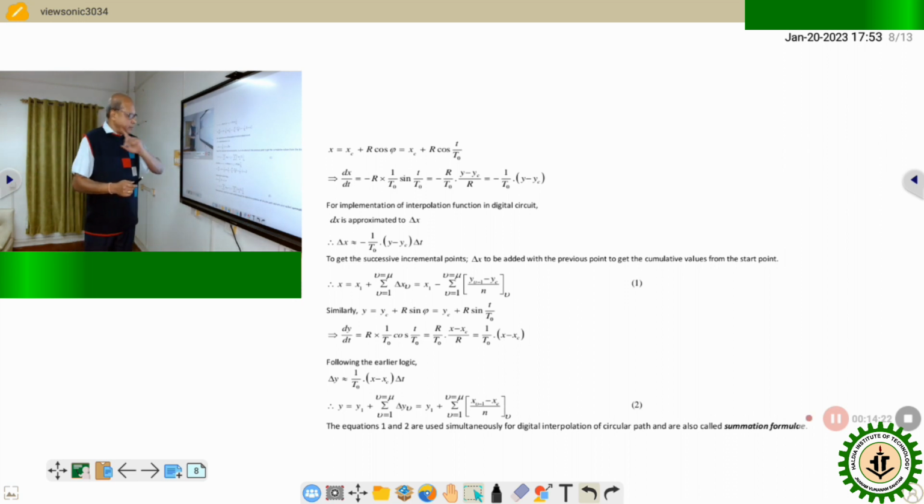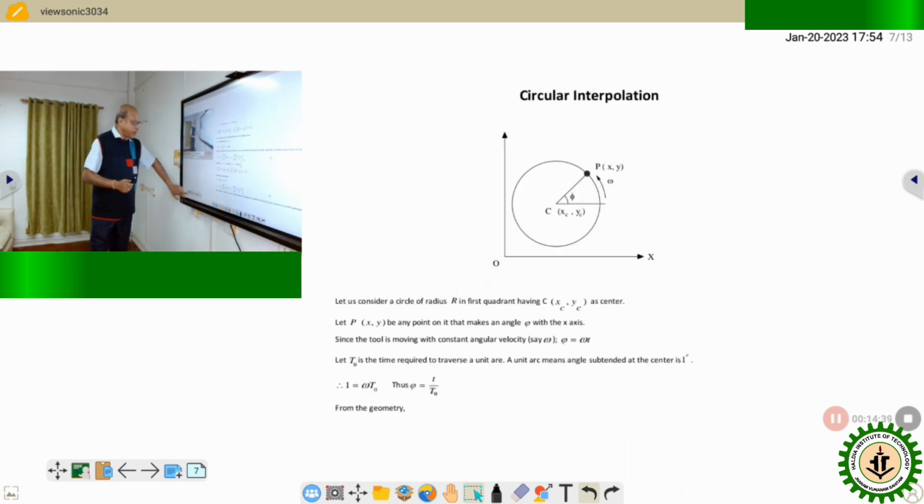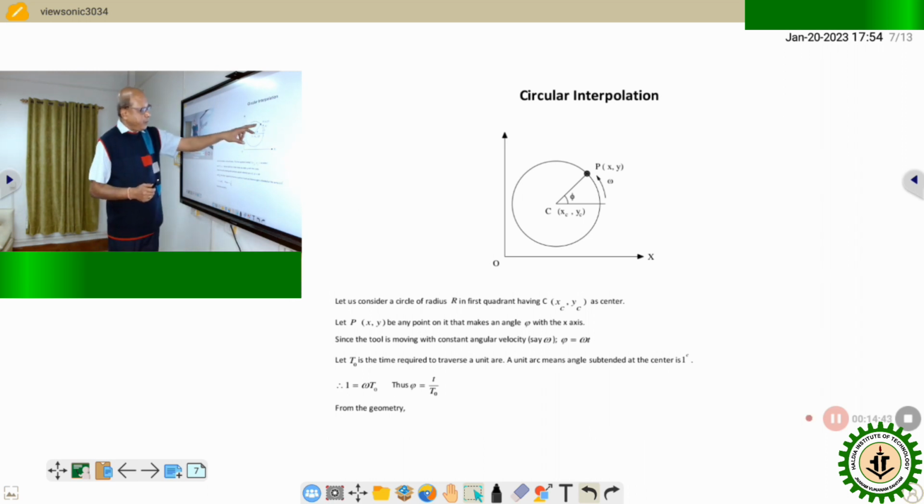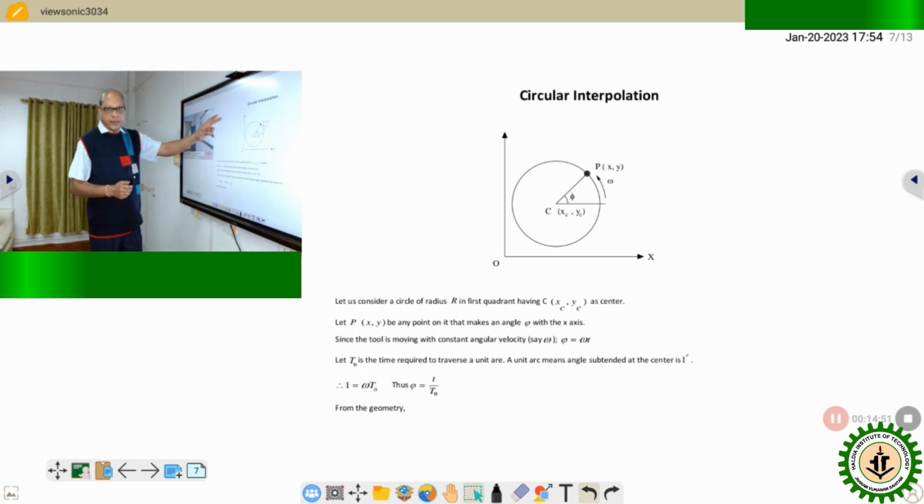The only noticeable parameter or interesting fact is that in this particular expression for x, it is x1 minus this much, and in case of y it is y1 plus this much. This is owing to the fact, if you go back to the previous drawing, that as the point P moves from the first quadrant towards the left, in the anti-clockwise direction, with the passage of incremental movement the instantaneous x coordinate value keeps on decreasing and the y value keeps on increasing.